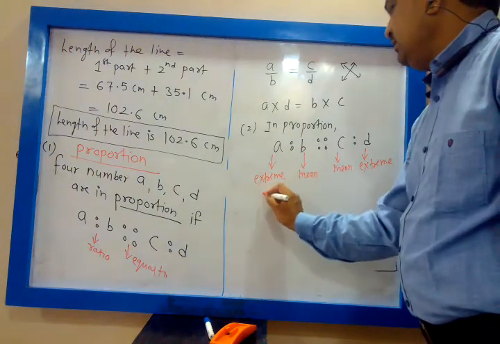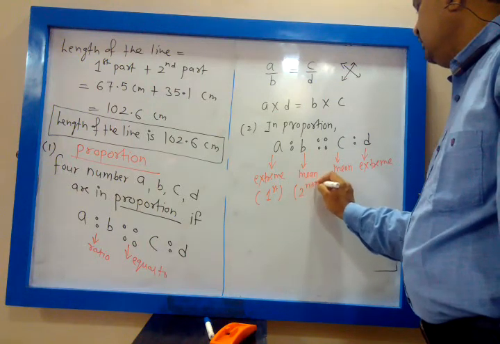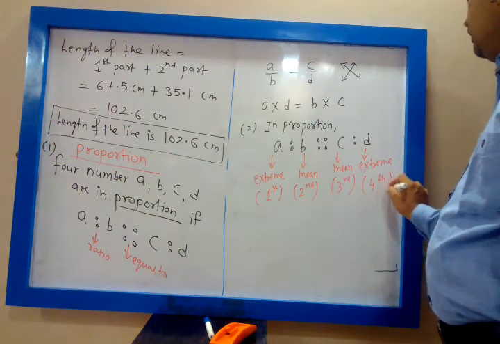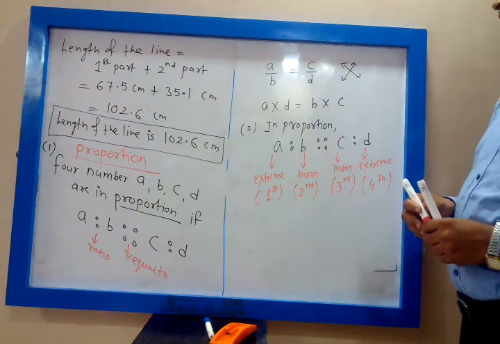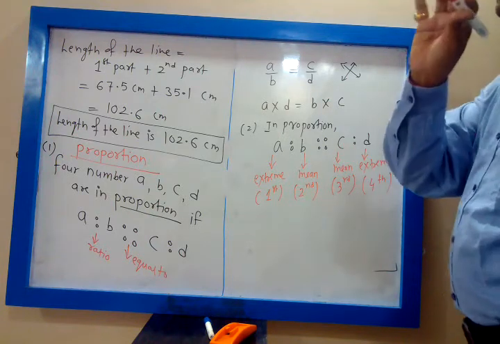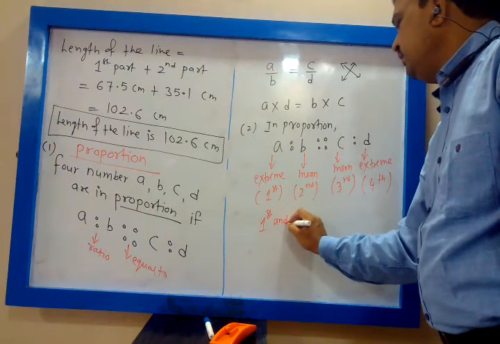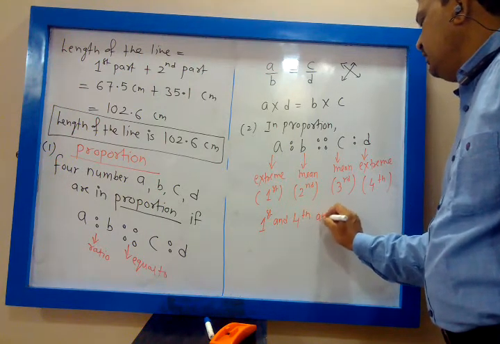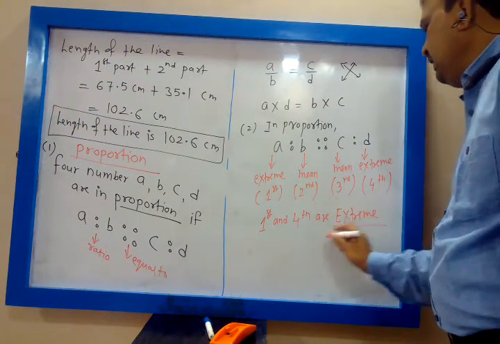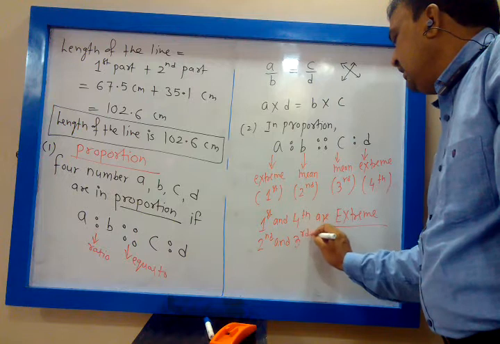So A is my first, B is my second, C is my third, and D is my fourth. So which are extreme? First and fourth are extreme. And second and third are known as mean.